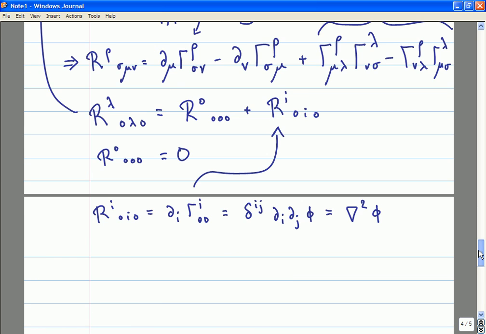You get that to leading order, the equation of motion G_{mu nu} = kappa T_{mu nu} tells us that grad squared phi is equal to 1/2 kappa rho.